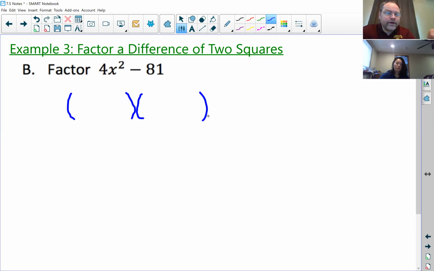I know I need to find a number times itself that multiplies to 4, and for the last part, a number times itself that multiplies to 81.